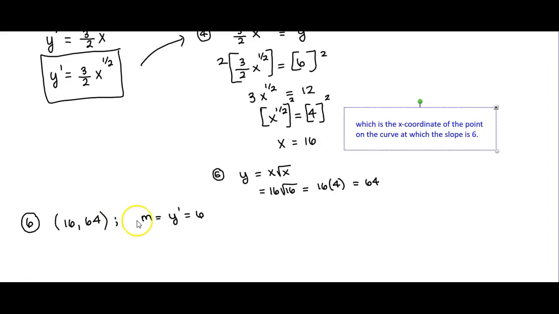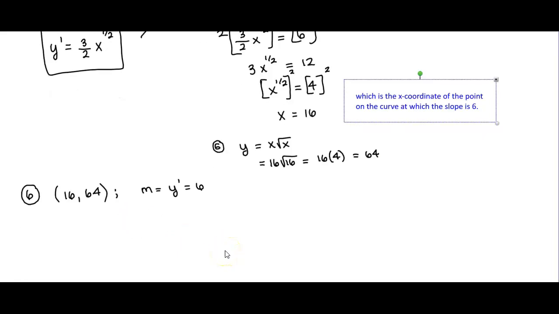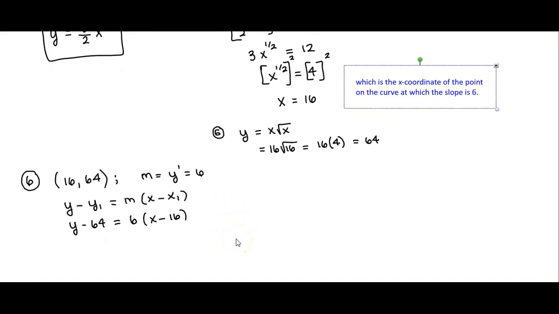Now we can use our point slope form to find that tangent line. Remember, the point slope form is y minus y1 equals m times x minus x1. So we have y minus 64 equals the slope of 6 times x minus 16. Now let's solve for y.